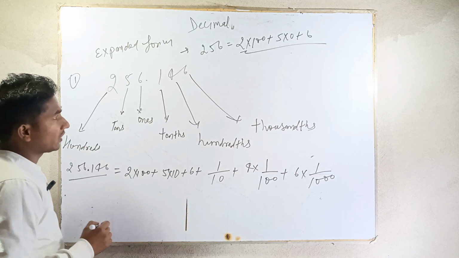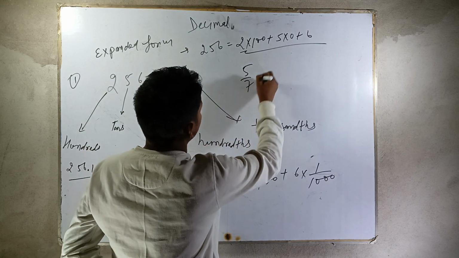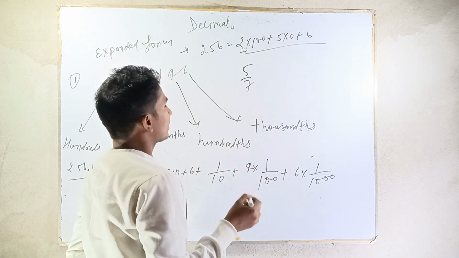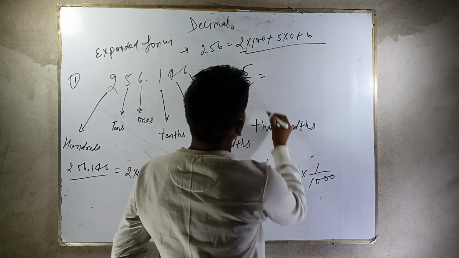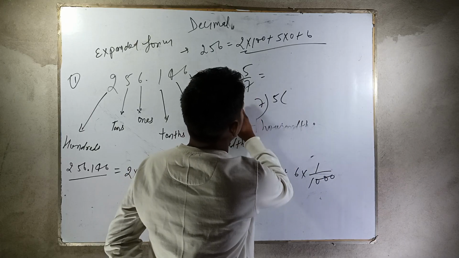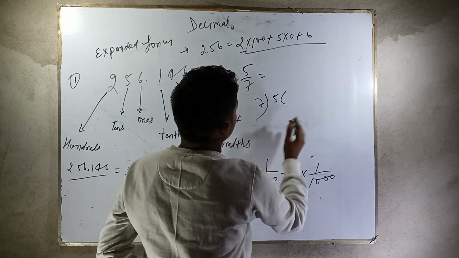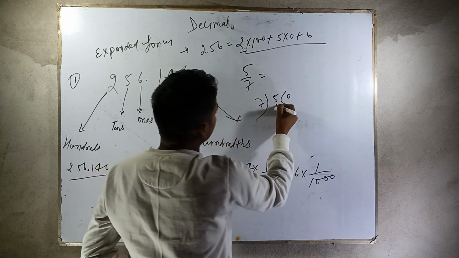This is expanded form. If any fraction is given, like 5 by 7, and someone says to find it in decimal form, converting to decimal form is easy, because I need to divide 5 by 7. I write it as 5 divided by 7. If I multiply 7 by 0, it gives 0.